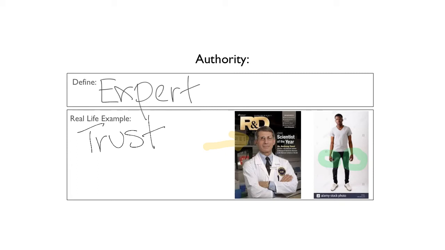If this is your girlfriend or your boyfriend's best friend telling you, hey, they're cheating on you, maybe you would believe that over someone who doesn't know your girlfriend or your boyfriend, or someone who maybe doesn't like your boyfriend and girlfriend, or is out to get them, right? But authority is an expert in the field and someone that we should be able to trust because they have some sort of expertise in this area.